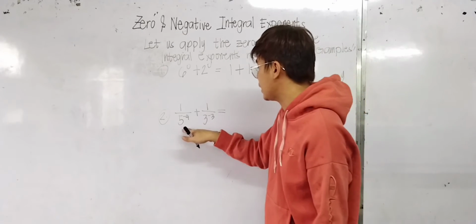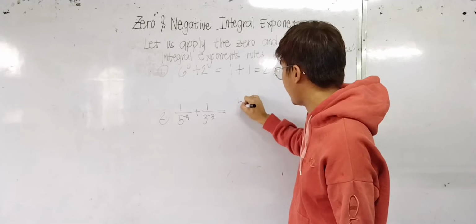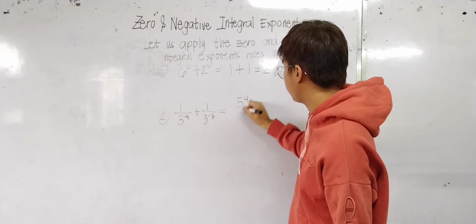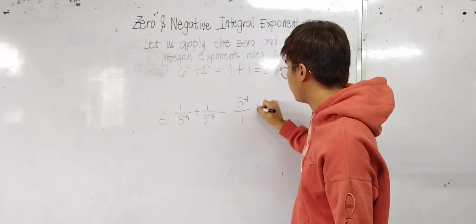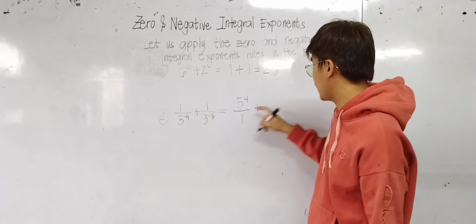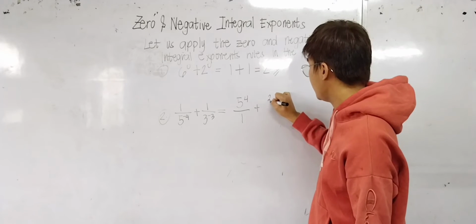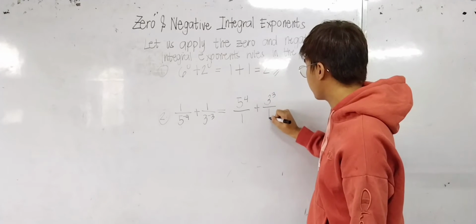So 1 over 5 raised to negative 4 becomes 5 raised to positive 4 over 1 plus, then we will also reciprocate the second value. So we have 3 raised to positive 3 over 1.